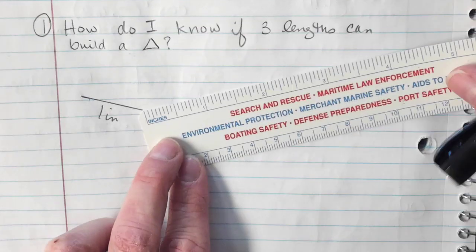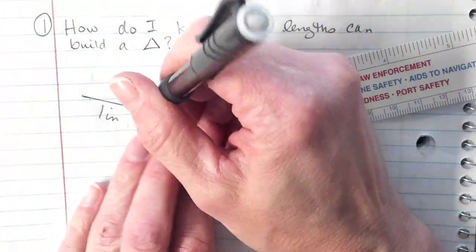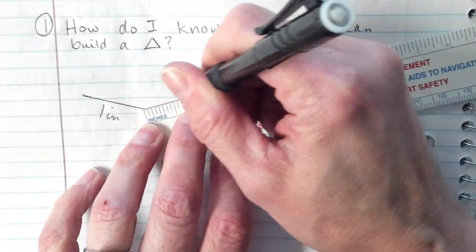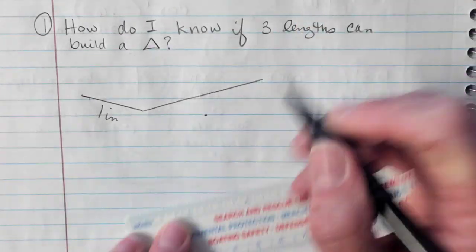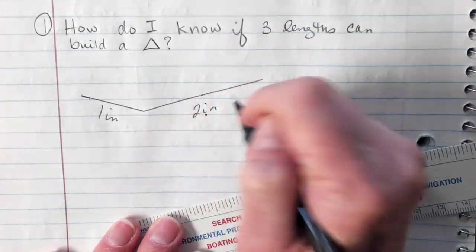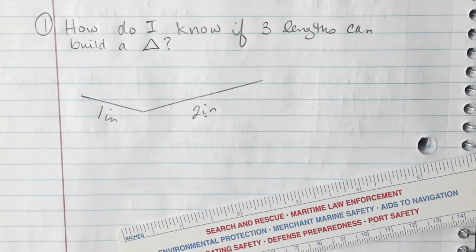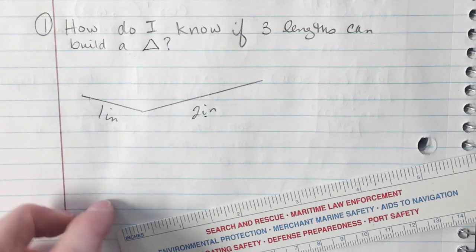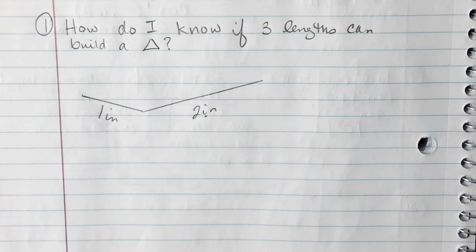And then I draw another length of that triangle, and I'm going to make it 2 inches long. So I'm just going to connect it. And I'm not trying to say that this is a right angle, because I think we can all agree that is not 90 degrees. So I've got one side of my triangle that's 1 inch long, another that's 2 inches long.